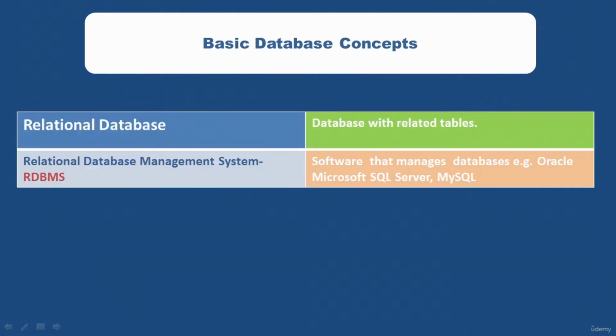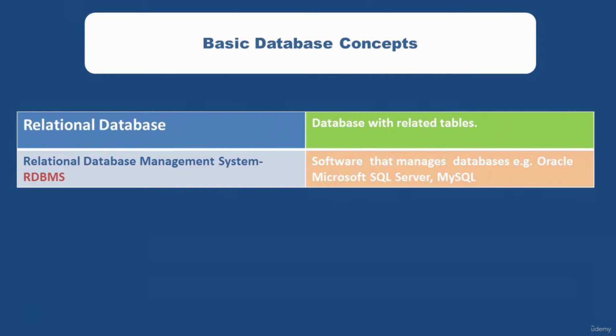There are two other concepts I want to illustrate with you. We've got the relational database. A relational database is a database with related tables. Also, we've got the concept of relational database management system, referred to as RDBMS for short. It is the software that manages the databases.